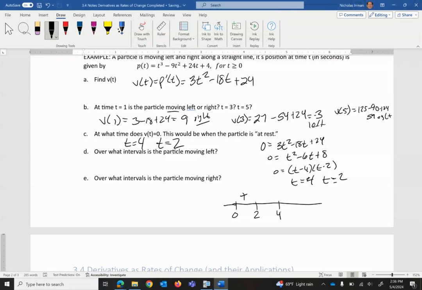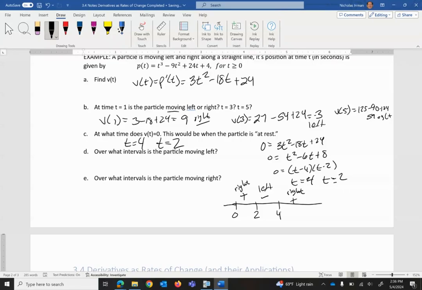So we are moving to the right. From 2 to 4, for instance, when t is 3, our velocity was negative. So it's going to be moving left from 2 to 4 seconds. And then after 4, when t was 5, it was 59. So it will be moving right.